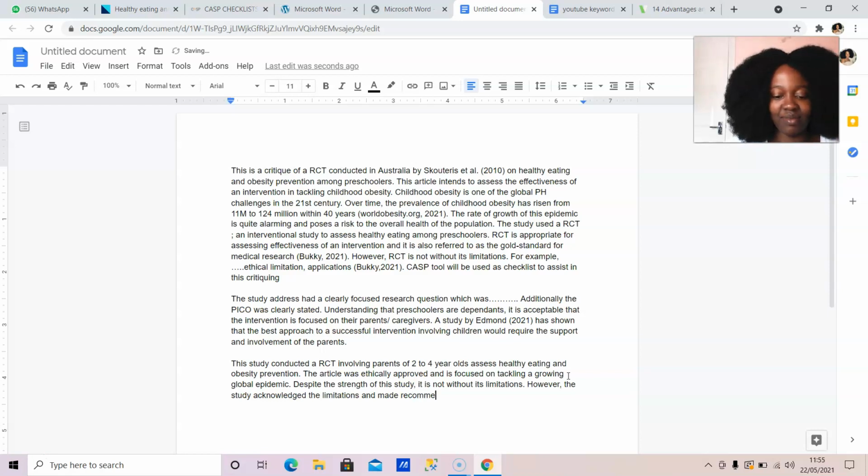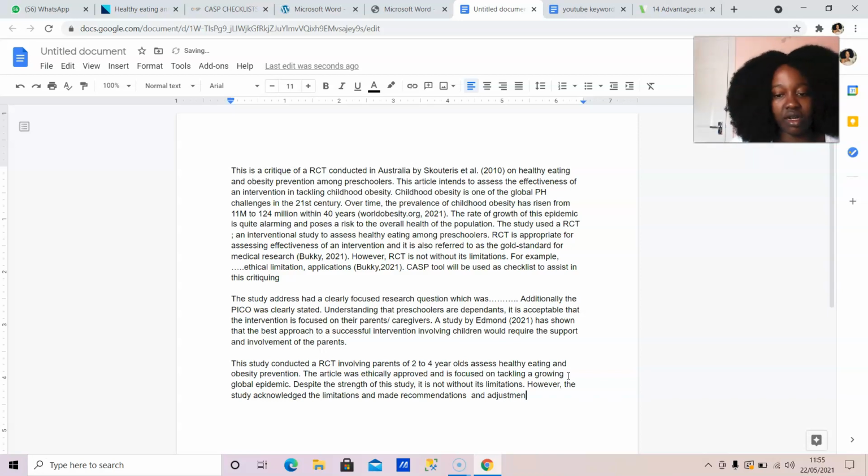Okay, now I think I'm just typing words in my head. So the study acknowledged the limitations and made recommendations and adjustments where necessary. That's it.